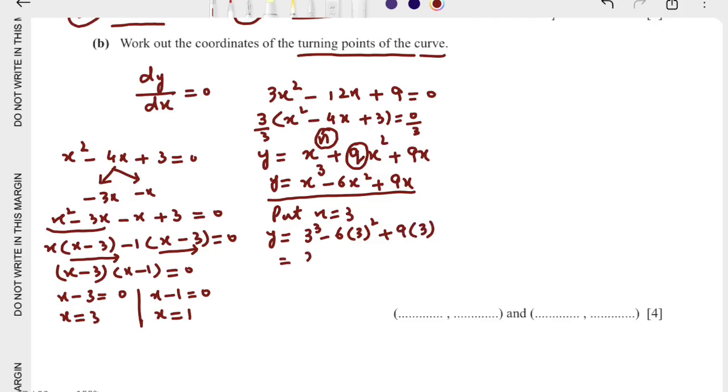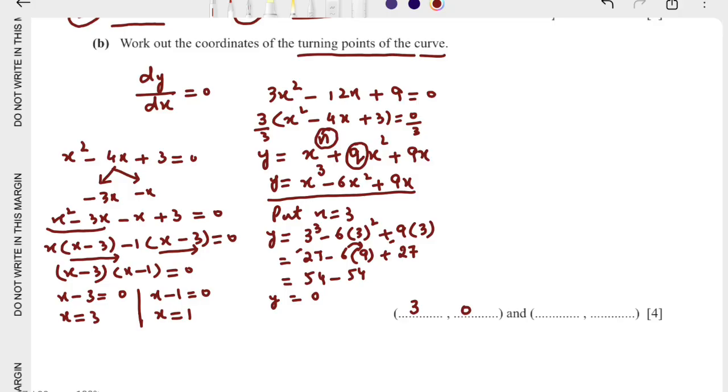Cube of 3 is 27 minus 6 times the square of 3 which is 9, and this is also 27. So it will be 27 plus 27 is 54 and minus 6 times 9 is 54, and the value of y is equal to 0. So if you substitute 3, y becomes 0.